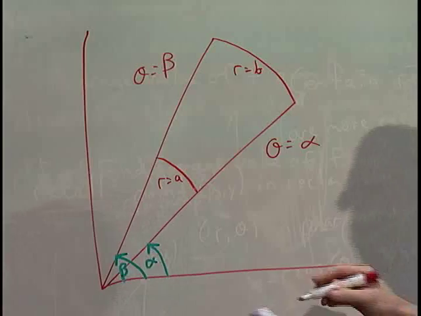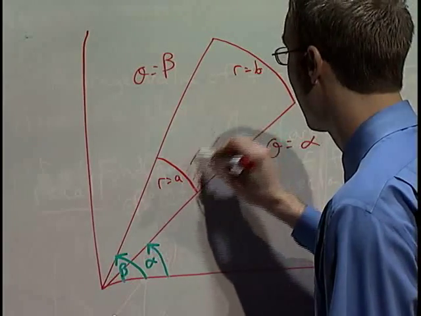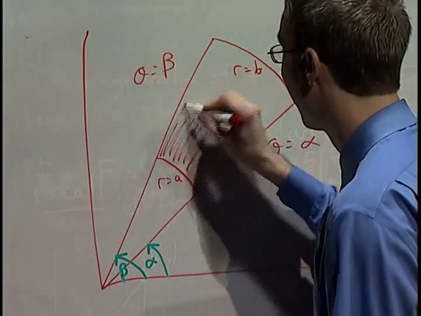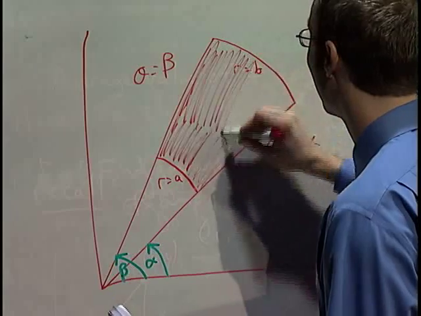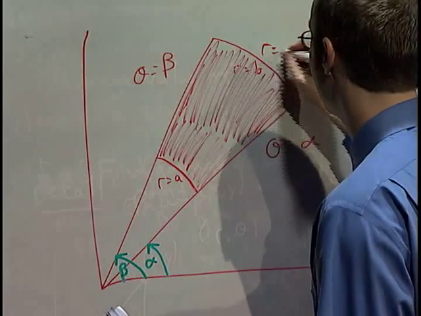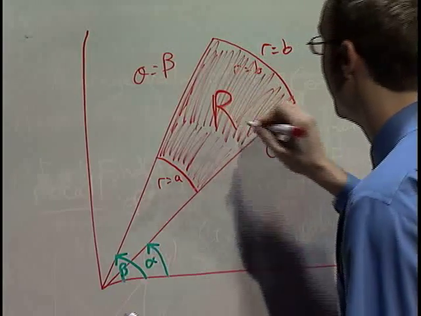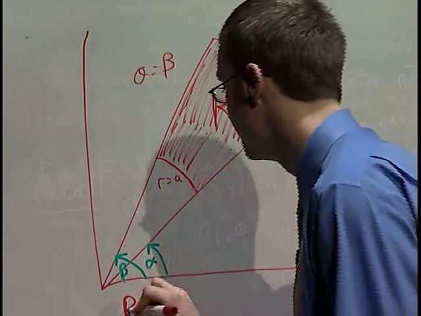And then this region in here, everything in here, I've actually drawn over my r equals b, but there it is. This is your region R. That is what a typical polar rectangle looks like.